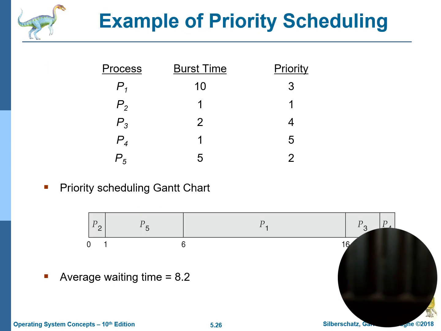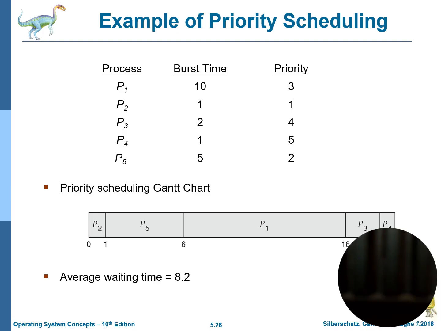Look at an example of priority scheduling, where we have burst times, then we have the priorities. The process with the highest priority there is P2, which starts to execute, followed by P5, followed by P3, but the fact that P3 is going to arrive later, so look at what is going to happen there.